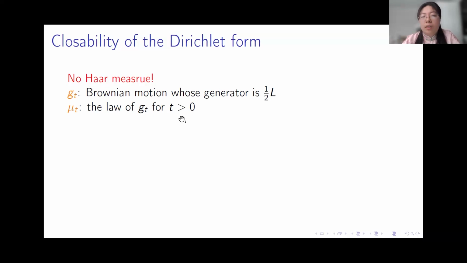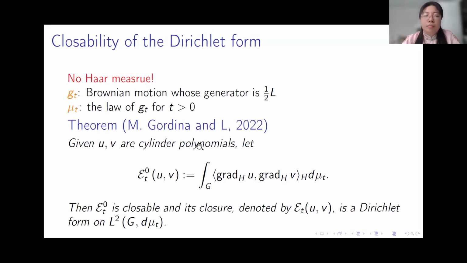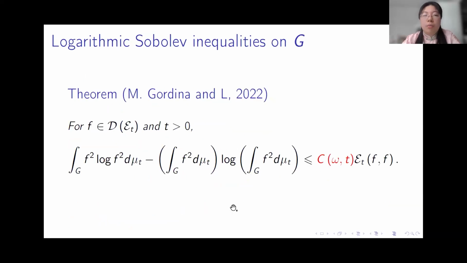In this case, that is the law of the Brownian motion. And from there, we studied the property of the Dirichlet form given by this heat kernel measure. We showed its closability, and moreover, we proved the log-Sobolev inequality in this infinite dimensional group.